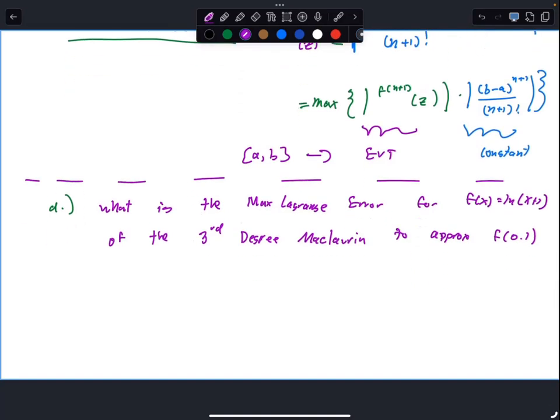So how much are we going to be off by? What is the maximum value that we're going to be off by?